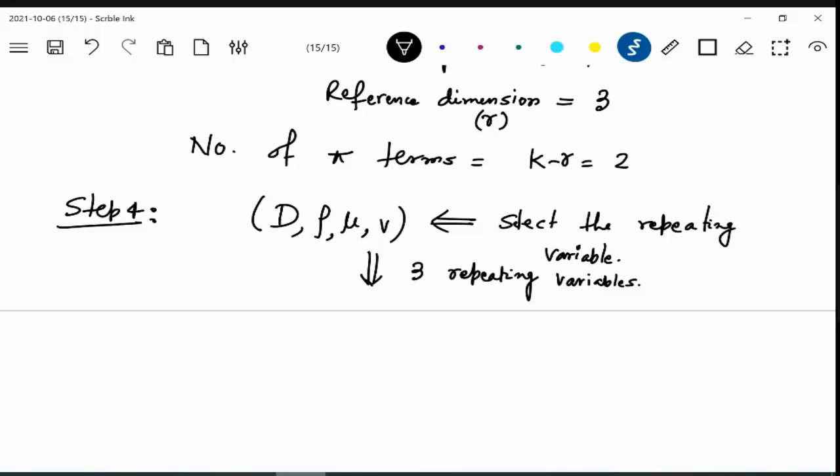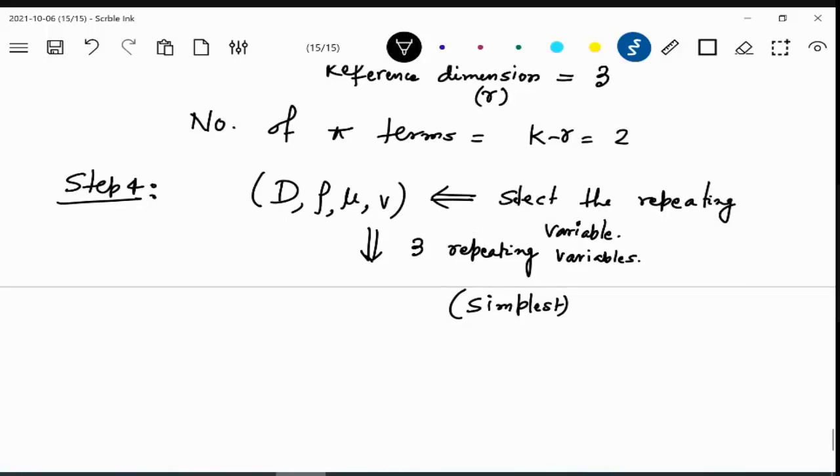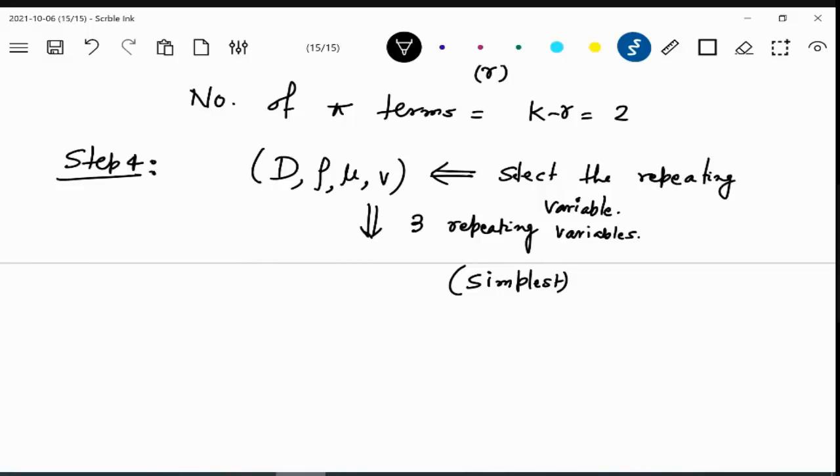It is always a good idea to select the simplest variables, those whose dimensions are simplest. So among 4 you have to select 3. You can select any 3, but you have to make sure that these are dimensionally independent.